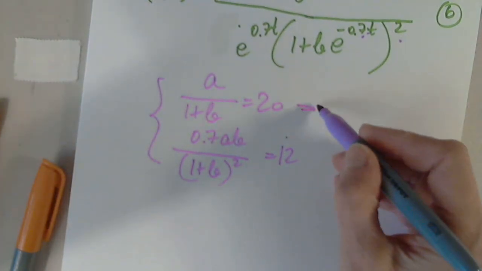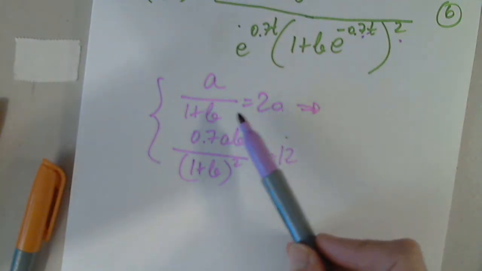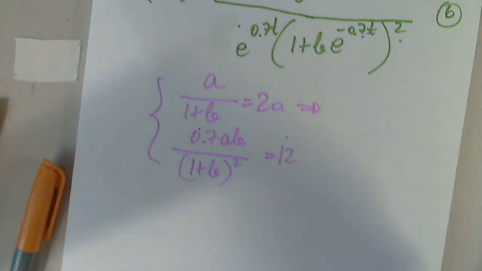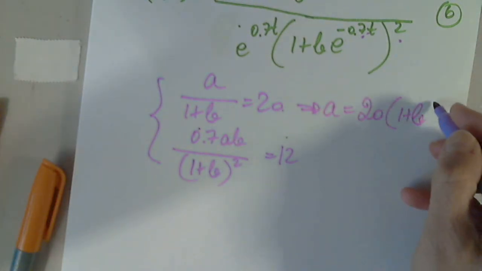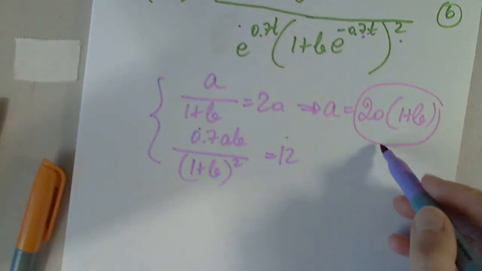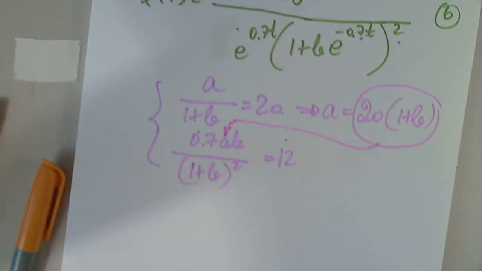We can from here cross multiply, and we get that a equals 20 times 1 plus b, doesn't matter. So a equals 20 multiplied by 1 plus b. We are going to replace a in the second equation by 20 in parentheses 1 plus b.